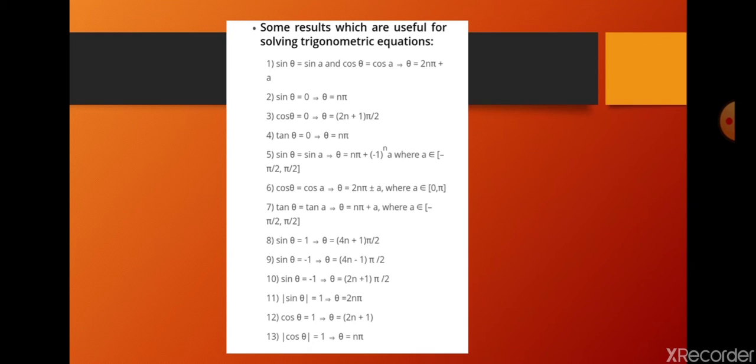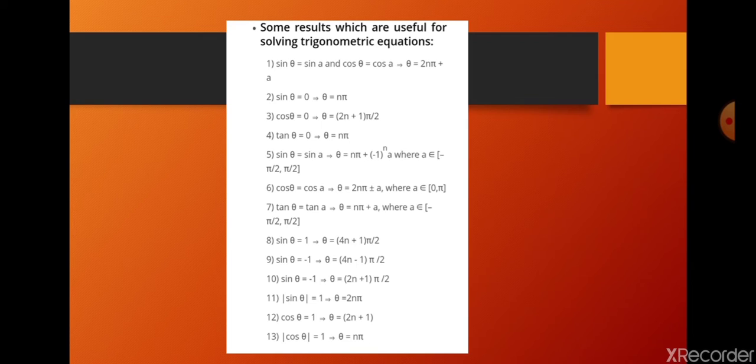Some results which are useful for solving trigonometric equations. First one, sin theta equals sin A and cos theta equals cos A, which implies theta equals 2n pi plus A. This is the general solution of the angle theta.